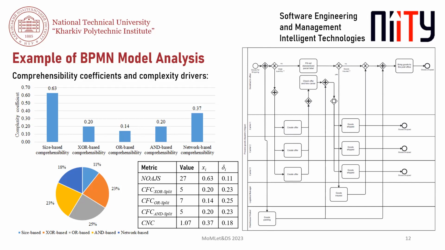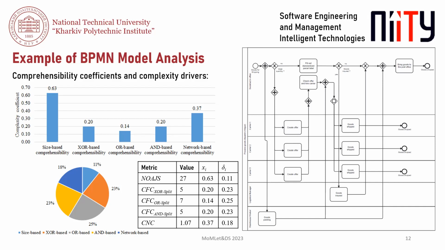And respectively, we got the following complexity drivers, demonstrating that this particular business process model is not efficient because of gateway splits of all of the three types, XOR, OR, and AND, because they have the highest values for complexity drivers.